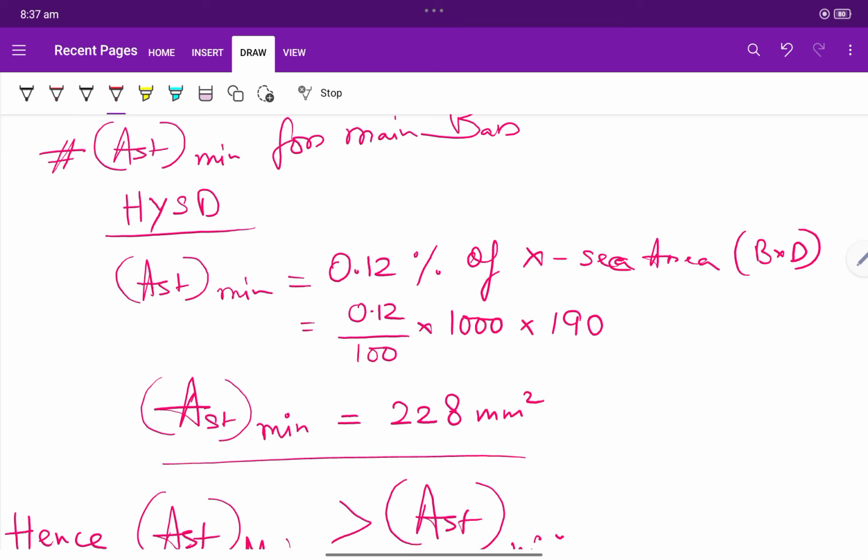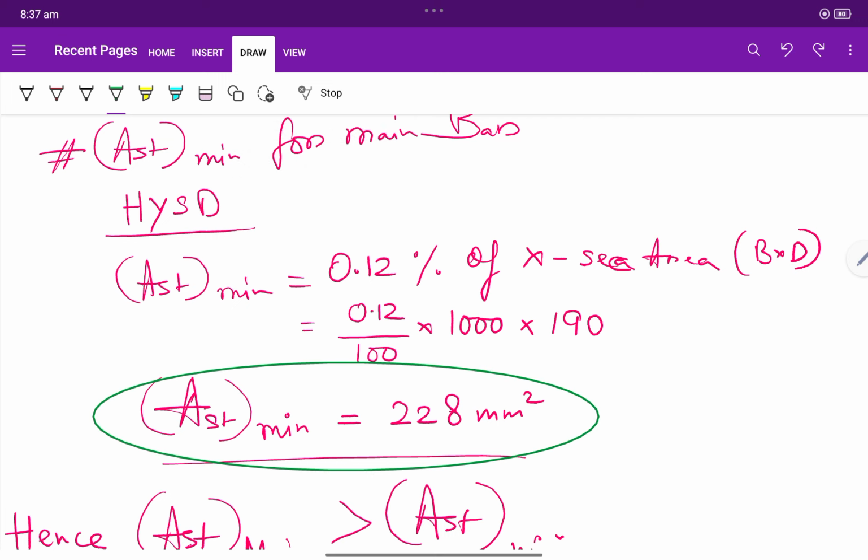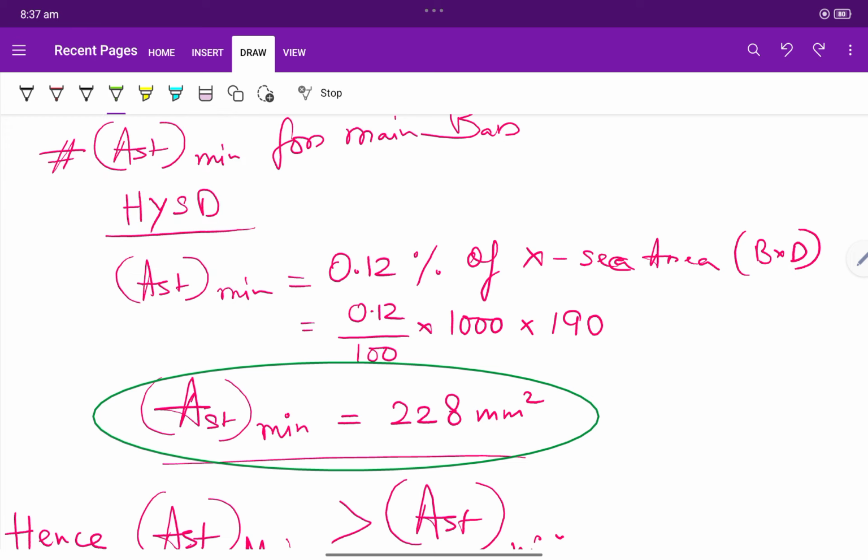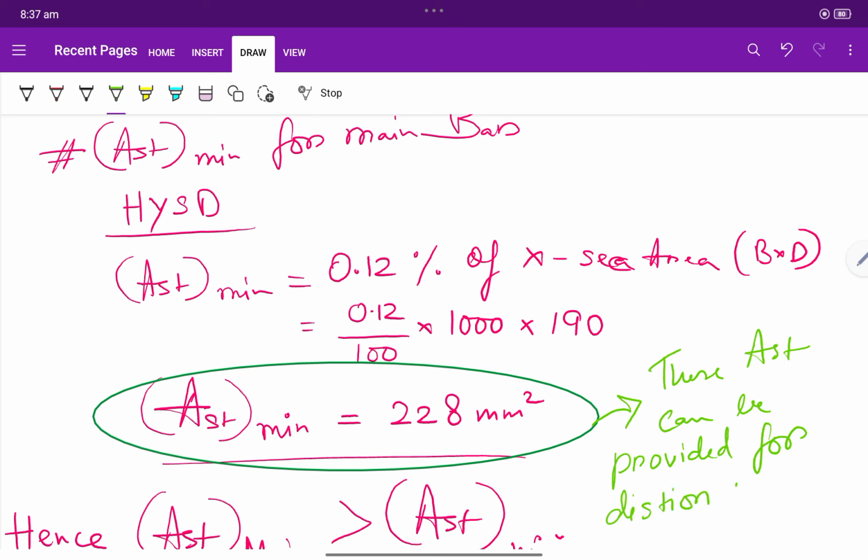Okay, so for the distribution steel, this Ast can be provided for distribution reinforcement.